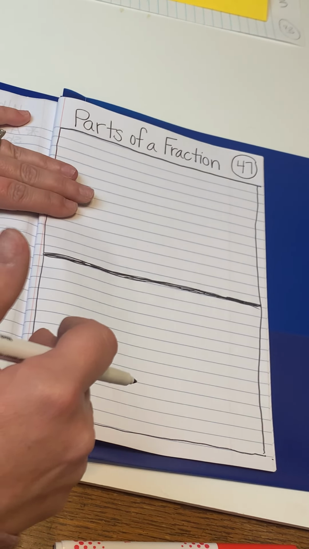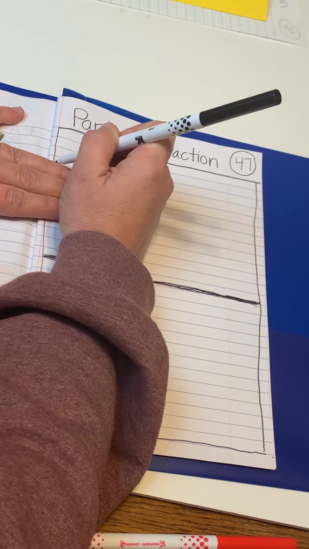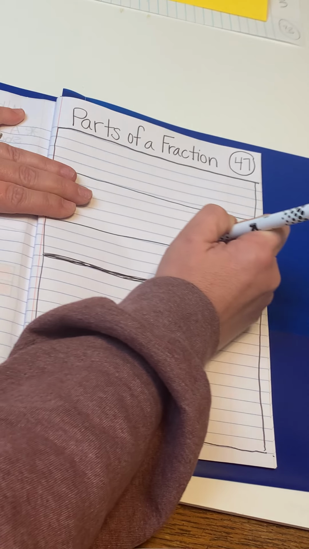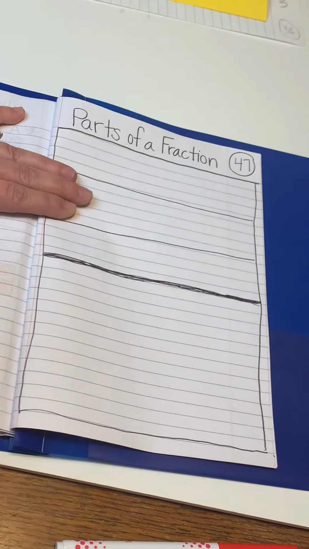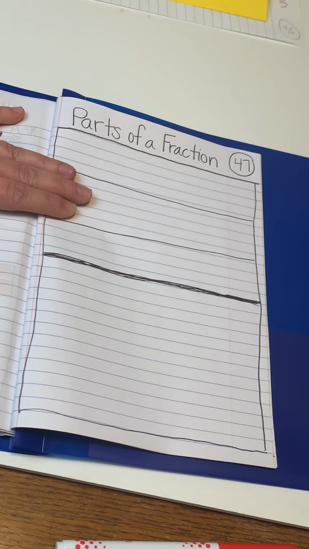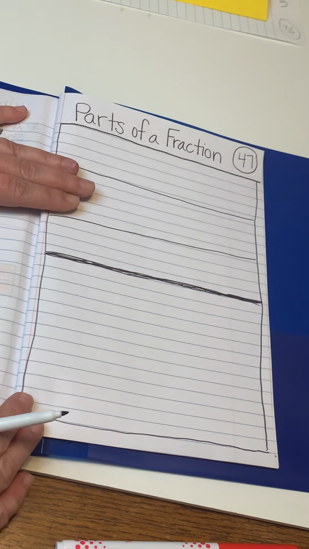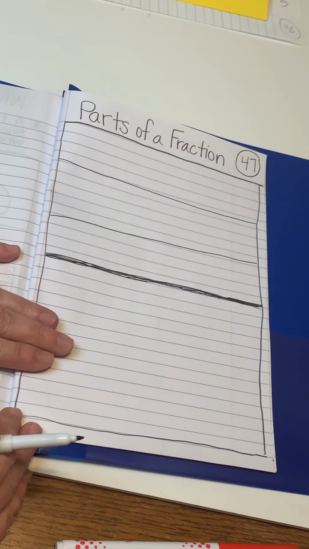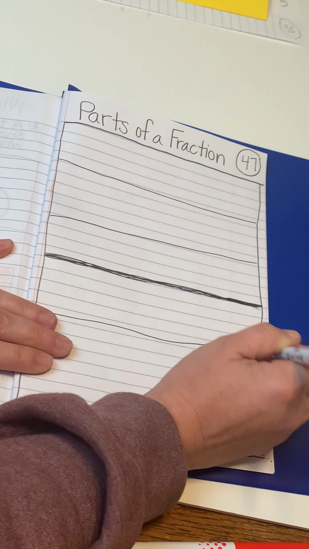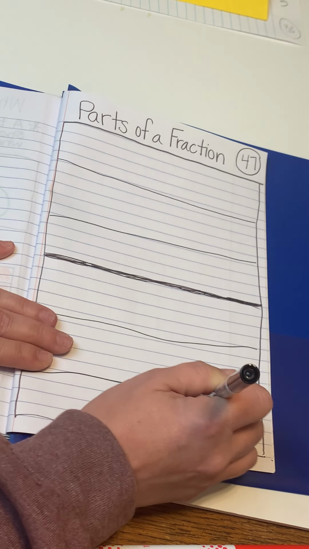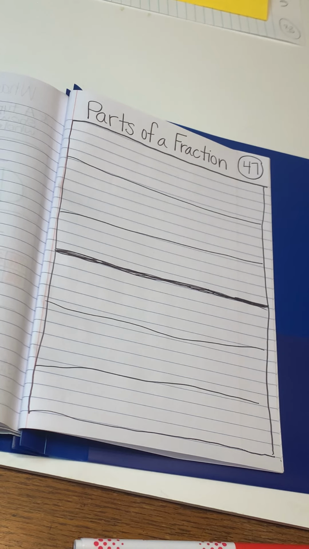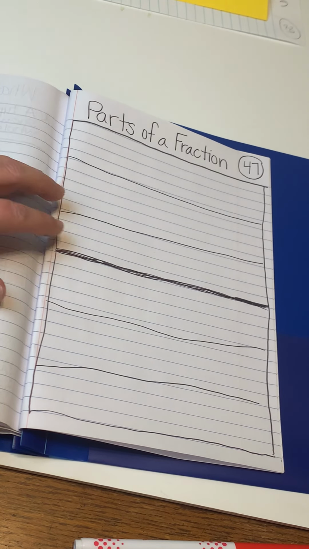Probably 3 fingers, I guess, on the side. You want a line above and a line below. And then we're going to do the same thing to the bottom. About 3 fingers probably, a line above and a line below.